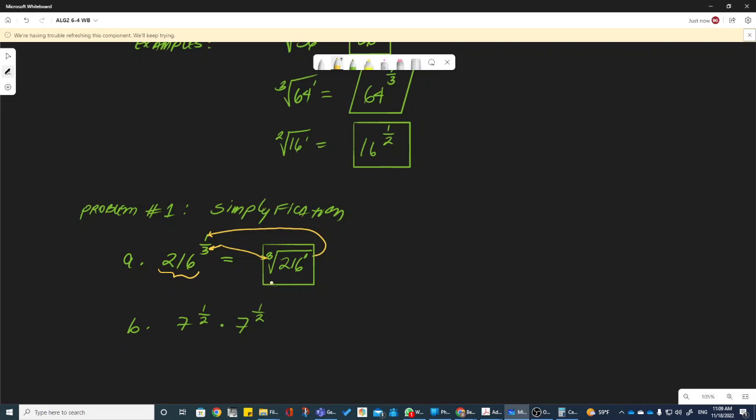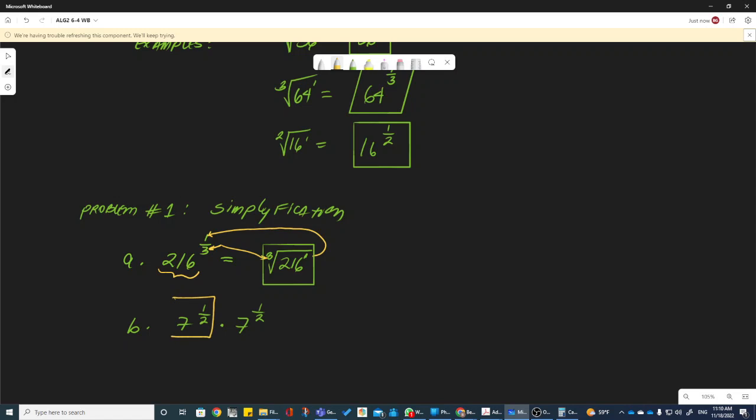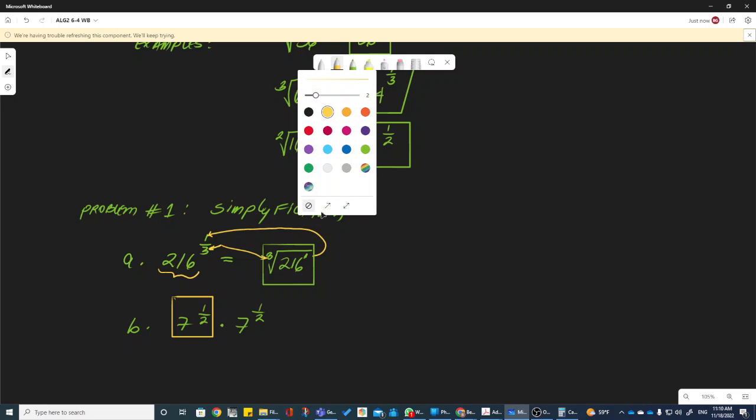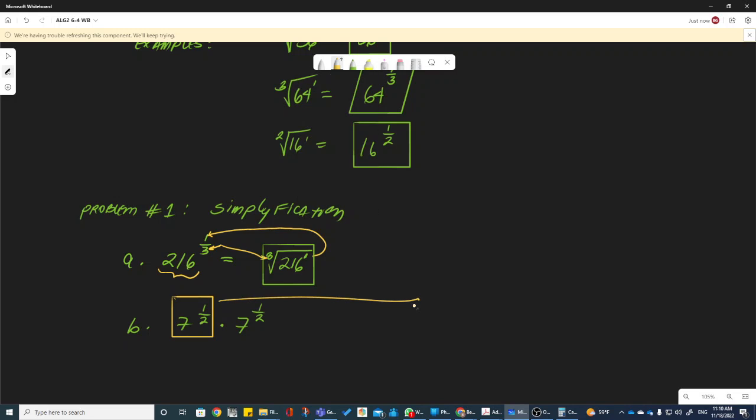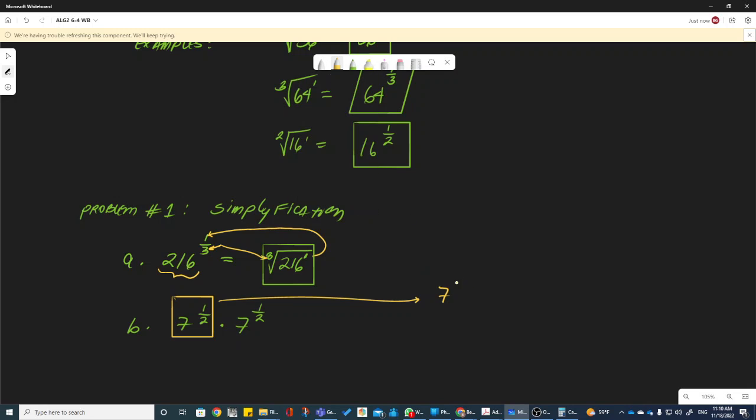Okay, now if you take this number by itself, you are going to see that 7 to the power of 1/2 is equal to the root of 7.